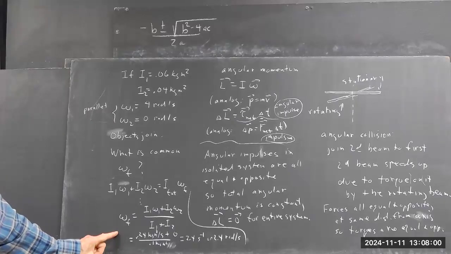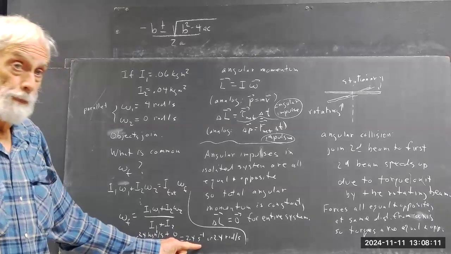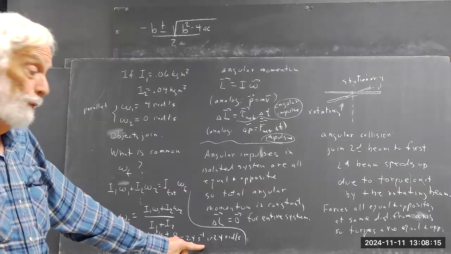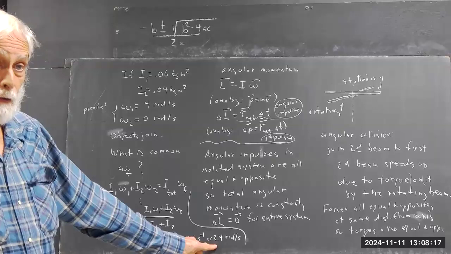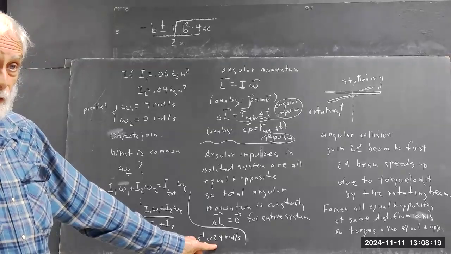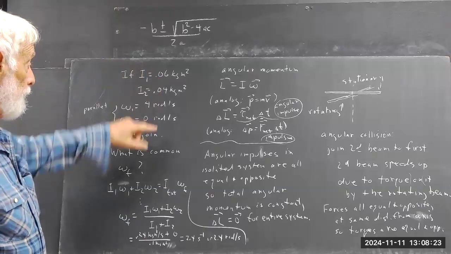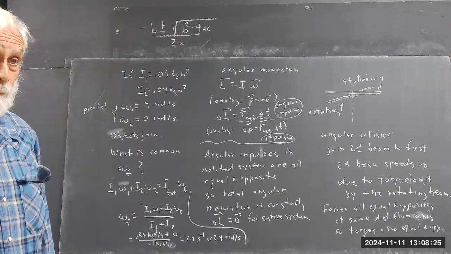If you paid attention to what some of the text is telling you that I haven't really talked about, it's very simple. To calculate the total angular kinetic energy of the two rotating at 2.4 radians per second, it's going to be less than that of this thing rotating at 4 radians per second.